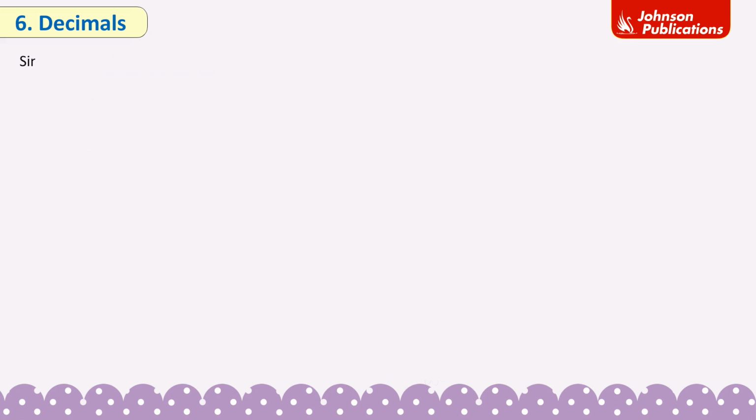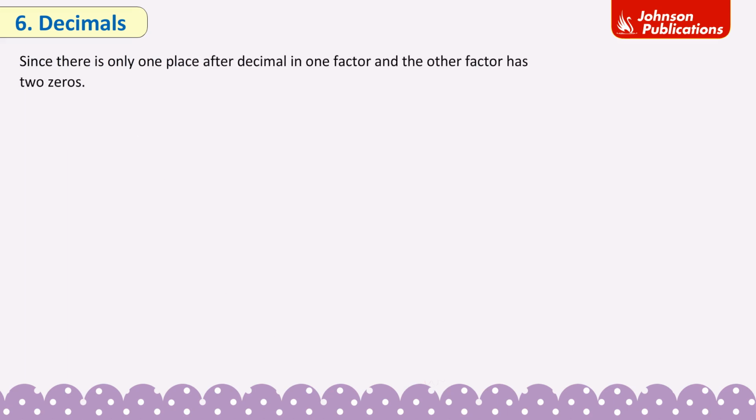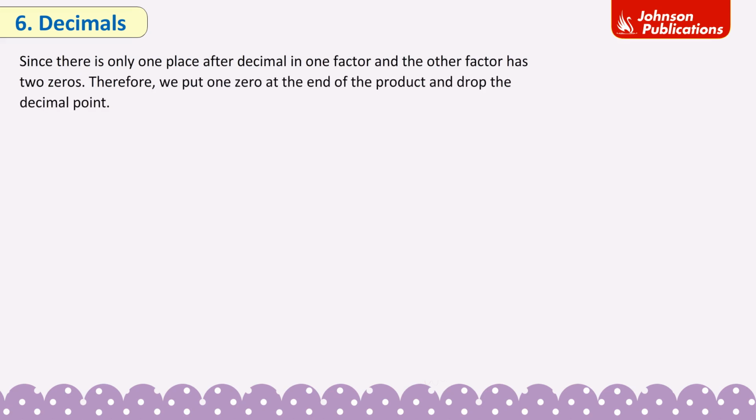Since there is only one place after the decimal in one factor and the other factor has 2 zeros, we put 1 zero at the end of the product and drop the decimal point.